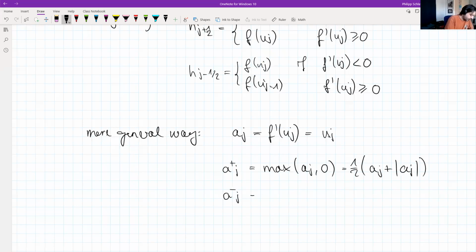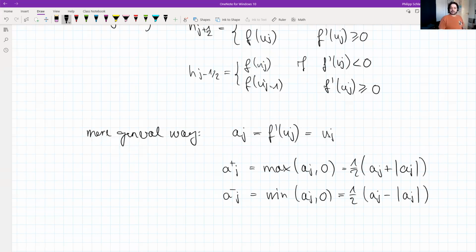At the same time, I can also define a flux that goes in the negative direction, which will be the minimum of Aj and 0. And of course, that could also be written with an absolute value, which is Aj minus the absolute value of Aj, over 2. So this minus flux is either 0 or it's a negative number. So now I have done a split into a positive flux, which has a speed of A plus, and a negative flux, which has a speed of A minus.